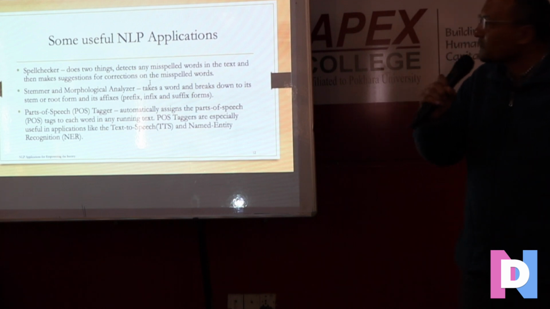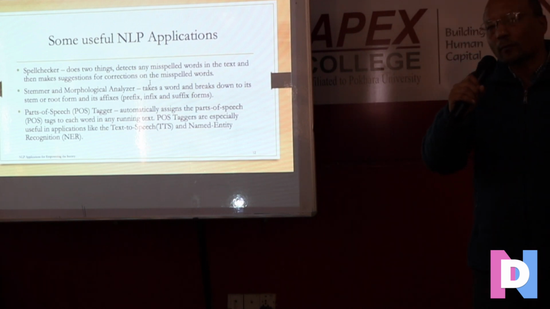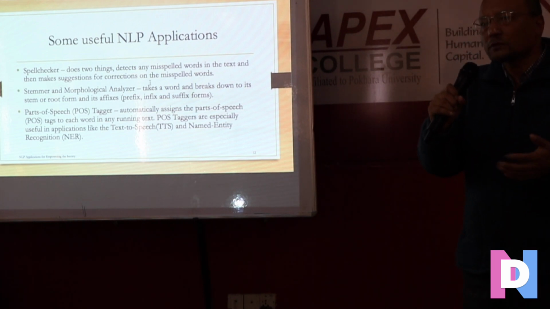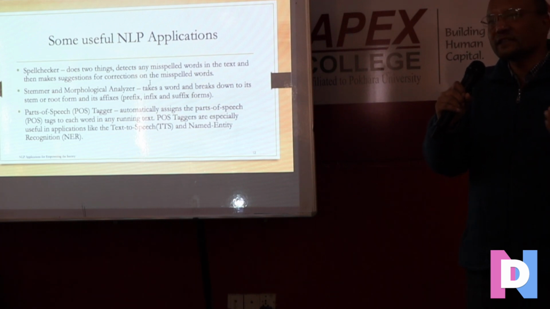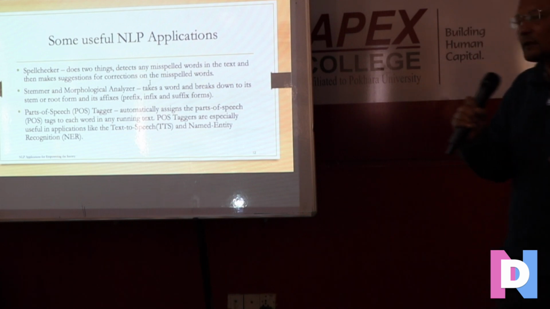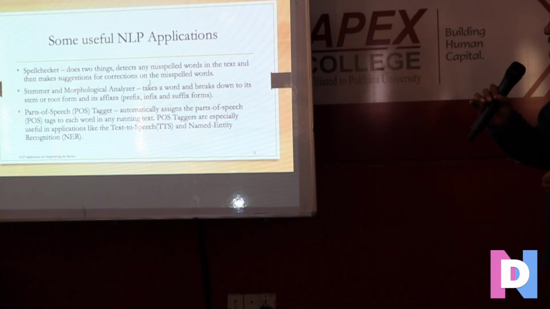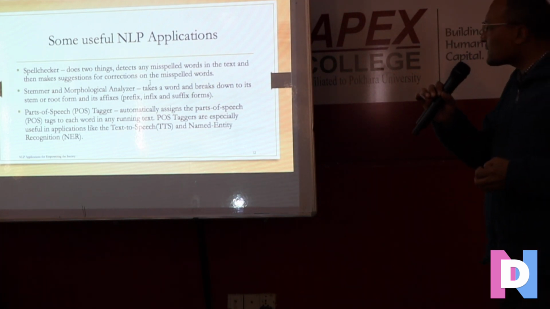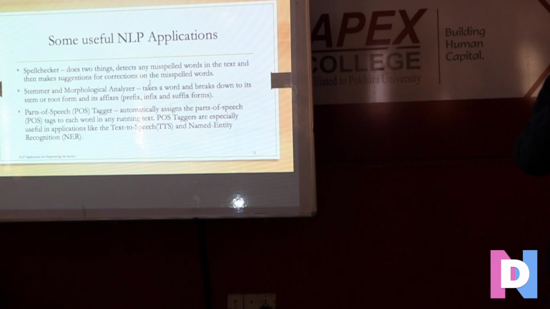Most of us must already be using some form of spell checker, in most editor software like Word documents. A spell checker does two things. It detects any misspelled words in the text, and then makes suggestions for corrections. That's the role or use of a spell checker.